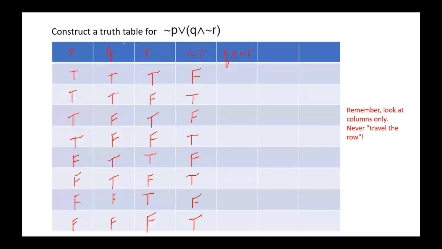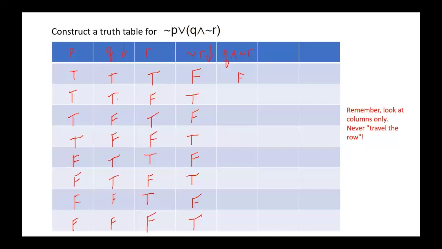So right this minute I am looking at this column that says Q, and I'm looking at this column that says R. And I'm going to base my decision on what to put in this Q and not R on those two columns. And is only true if they are both true. So looking at those two columns, I have a true, false. That means this one is false.